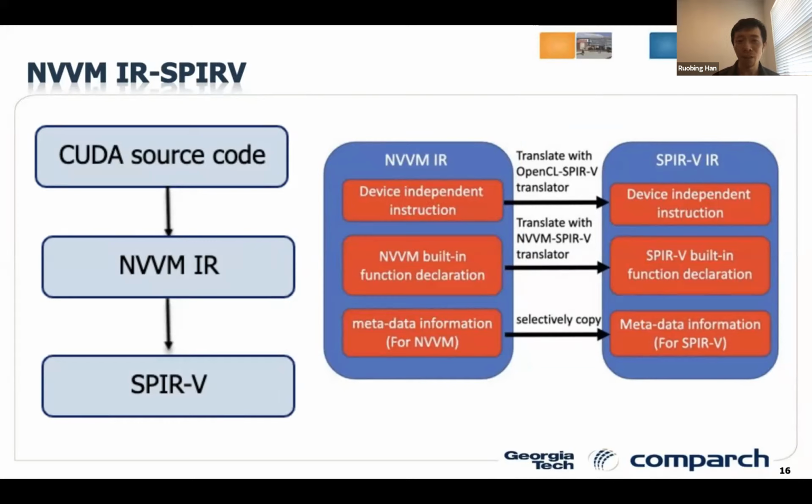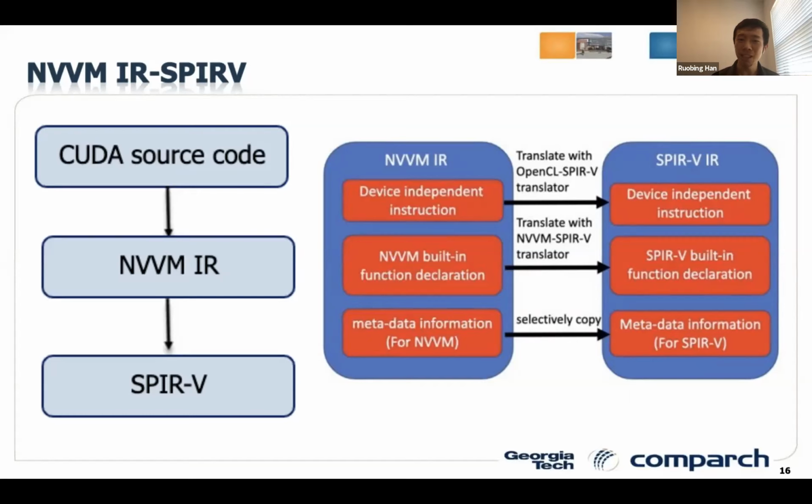Another part is the NVVM built-ins, the device-specific built-in functions. These built-in functions are different among backend devices. For example, although both NVVM and SPIR-V are aimed at multi-threading, they have totally different built-in functions for high-level users to get the block ID, thread ID, and block dimension. So we have to take special care of those specific built-in functions because they are hardware dependent.